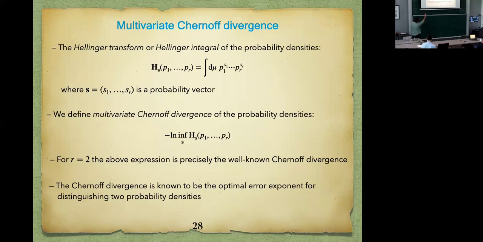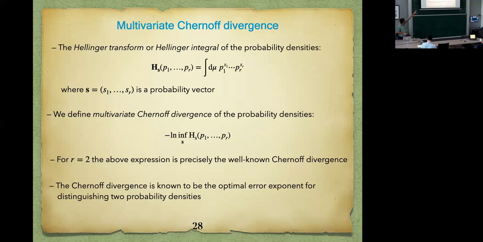And this is a quantity we define, the multivariate Chernoff divergence of probability densities, to be minus the logarithm of the infimum of that Hellinger transform. An interesting thing about that definition is that for R equal to 2, that expression is precisely the well-known Chernoff divergence between the two densities.